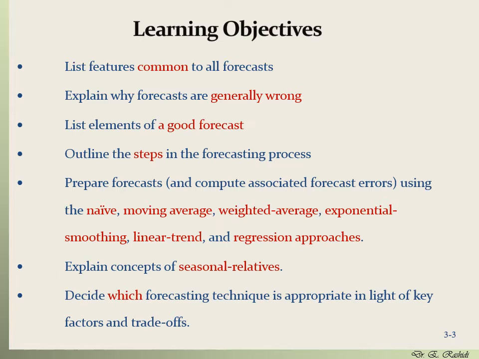Also, we're going to learn about how to measure the accuracy of forecasting. When you apply a set of different forecasting methods to your problem, you're going to be able to pick the one that is more accurate.